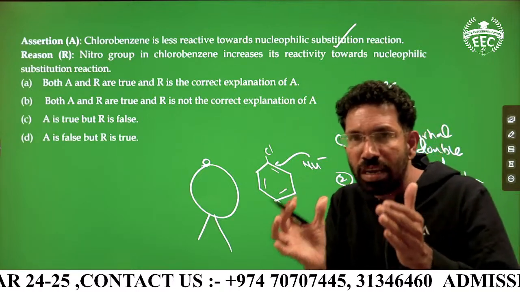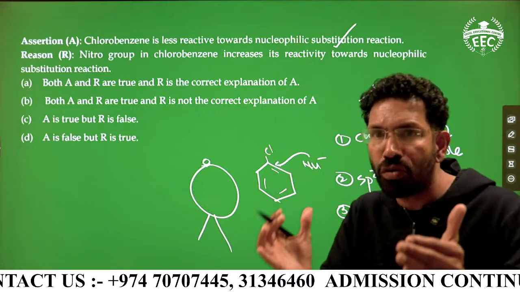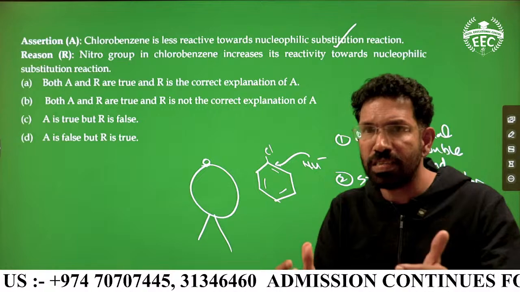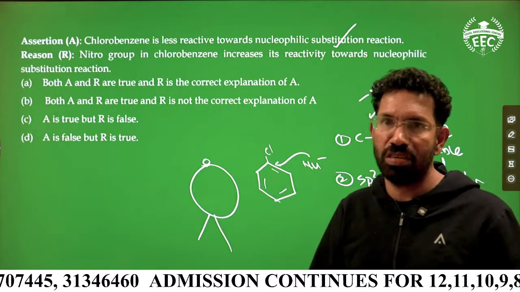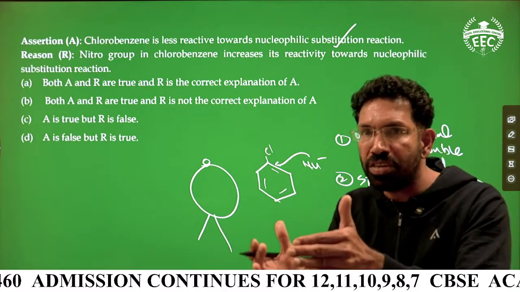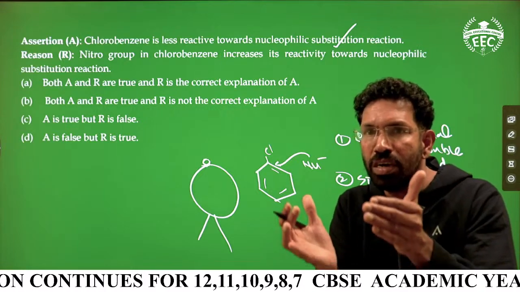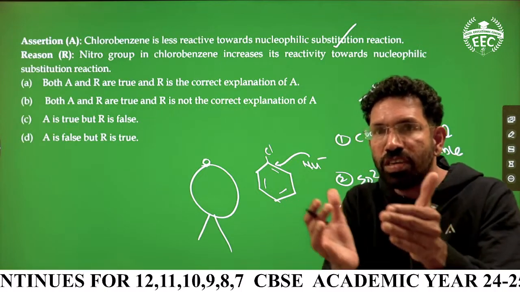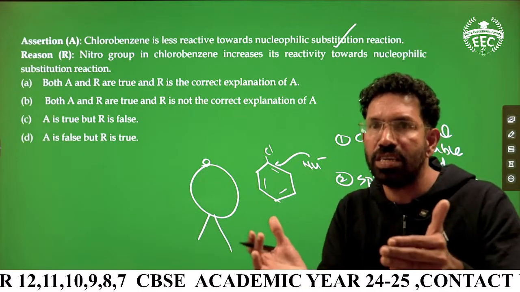So the presence of electron withdrawing groups at the ortho and para positions of chlorobenzene increases the reactivity of nucleophilic substitution reaction. We studied that they increase the stability of the intermediate ion generated. That intermediate ion we call a carbanion, as we explained in the class.